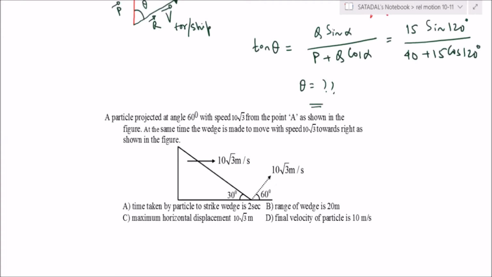It will be 2 seconds only. Check. Okay. So here time you'll get 2 seconds, and x max will be 10 root 3 meters.